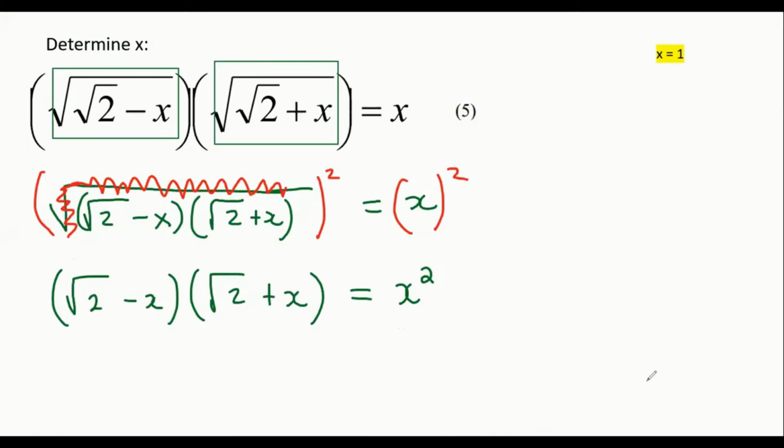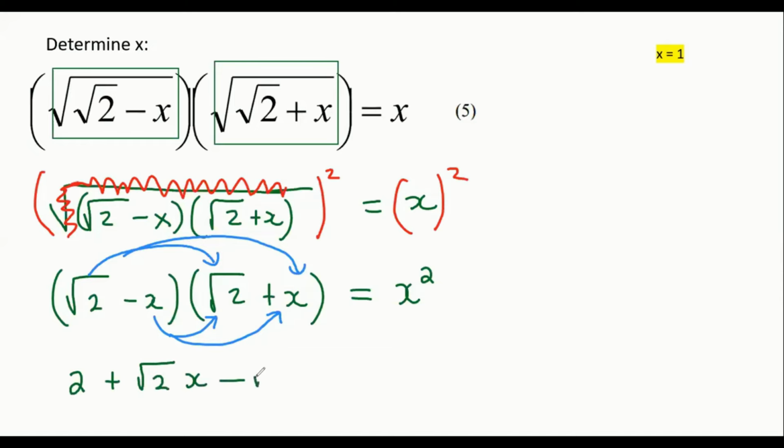What we'll do next is we're just going to multiply out the brackets, you know, easy stuff, hey guys. And so that is going to give us the square root of 2 multiplied by the square root of 2. If you don't know what that is, just type it on your calculator, but it's just going to give you 2. Then you're going to say plus the square root of 2x minus the square root of 2x minus x squared equals x squared.